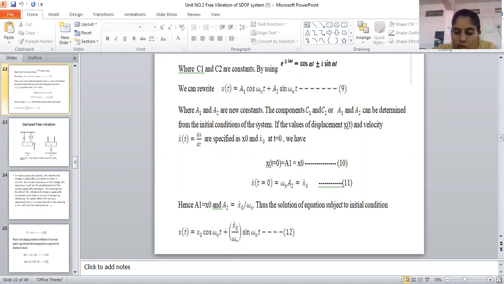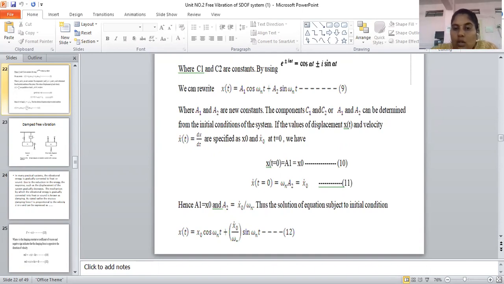You have understood the difference between the damped and undamped system. In the undamped system, the C parameter does not appear in the equation or the figure, so the Cx dot damping force will be equal to 0.